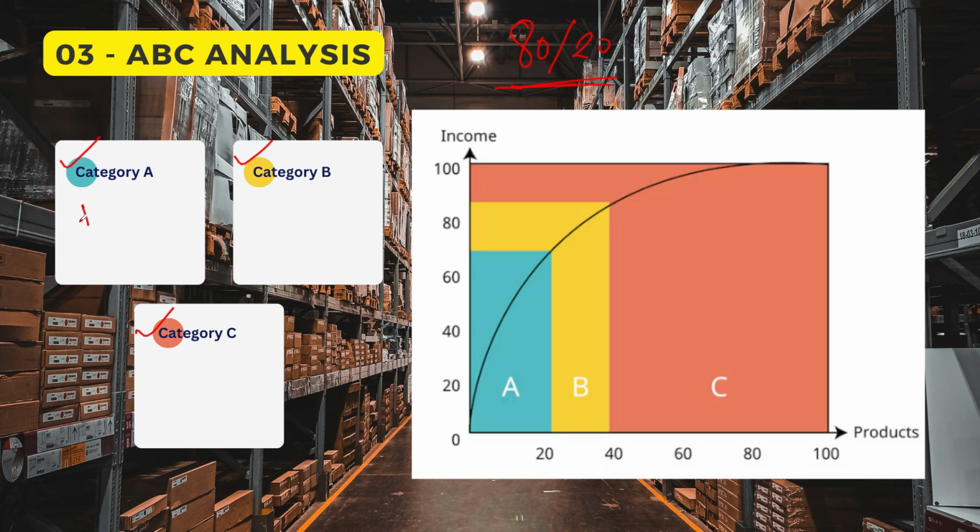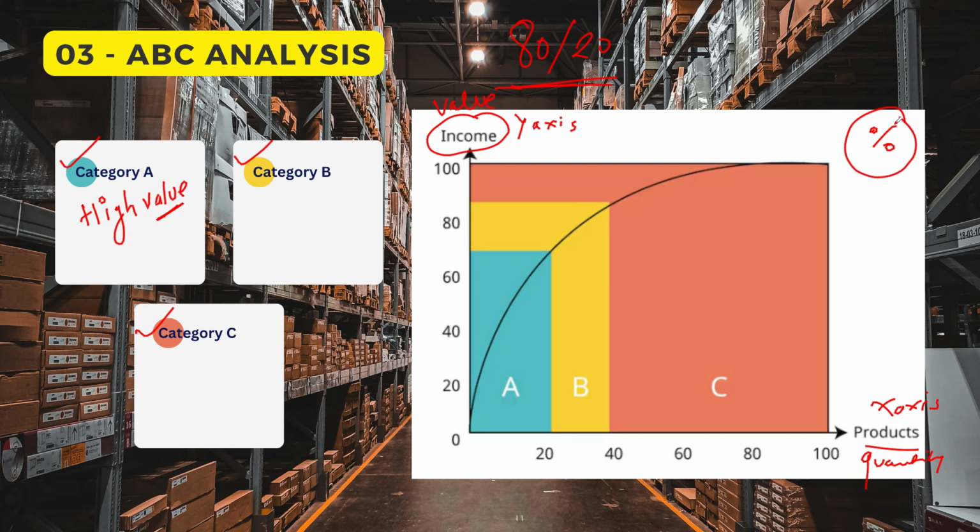Category A is a high value item. High value in the sense of income. See here in this graph, the y axis is income and the x axis is the product quantity wise, and here income is value wise, and everything is percentage.